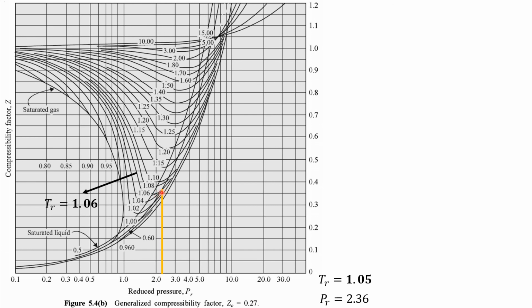So it's going in this way. And anyway 1.06 and 1.05 all lines will merge at this point. So corresponding to this point we can read the value of Z. So Z equal to 0.36.